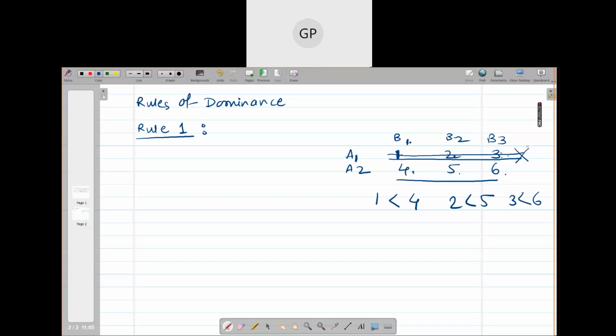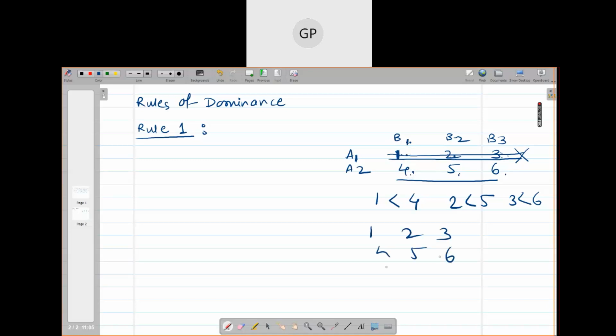Okay, so when you find that all the elements in a particular row are less than or equal to the corresponding elements in the other row, like 1 is less than 4, 2 is less than 5, 3 is less than 6.